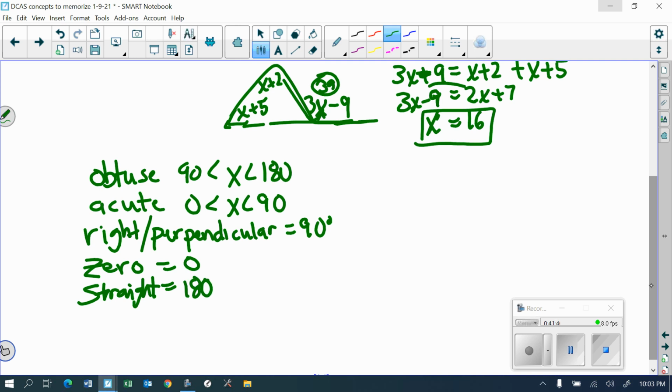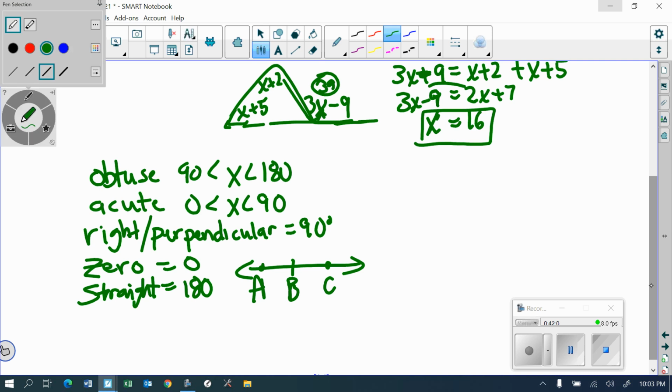Okay. Side note on the difference in how you name a 0 angle. Let's call that B and this A. A 0 angle here would be, for example, angle CBC.